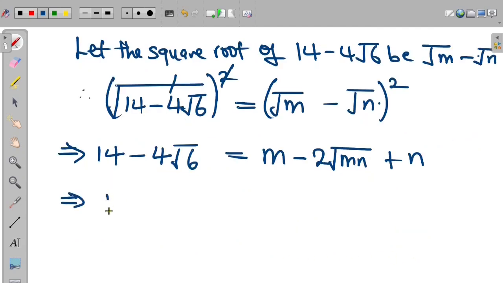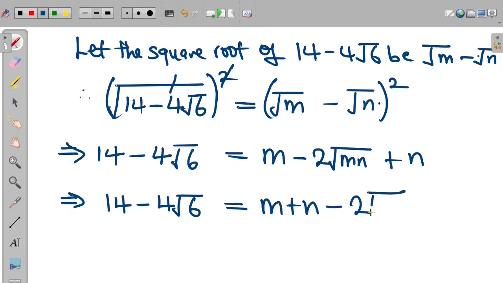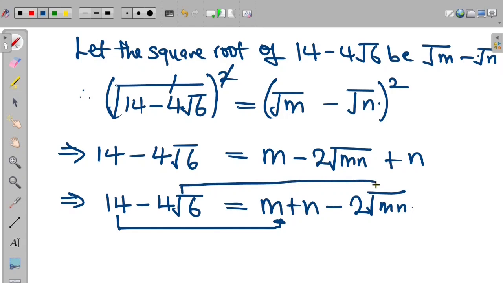So we have that this is 14 minus 4 root 6 equal to, we can rearrange the right-hand side, we have m plus n minus 2 root m n. So at this point, 14 will be equated to m plus n, and also minus 4 root 6 will be equated to minus 2 root m n.